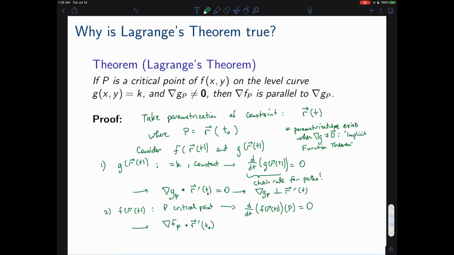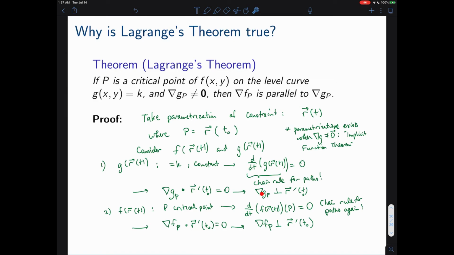Anyway, that dot product is also 0 because that's what the chain rule for paths does. So the gradient of f is perpendicular to r'(t0).